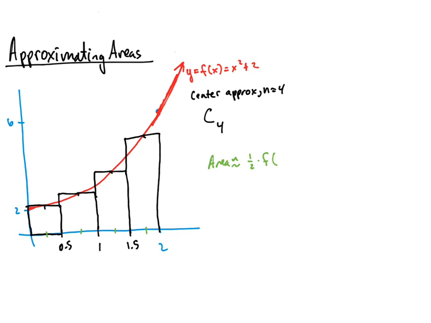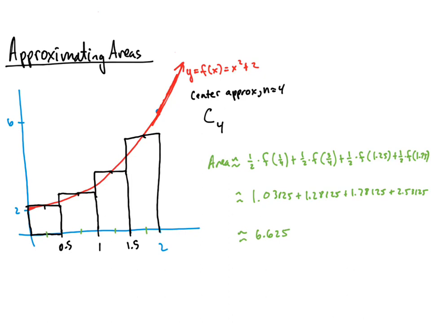So our first midpoint is half of 0.5, or half of 1/2, which is 0.25, or 1/4, plus 1/2 times f of 0.75, or 3/4, plus 1/2 times f of 1.25, plus 1/2 times f of 1.75. Okay. So again, go ahead and pause the video and see if you can add this all up together.